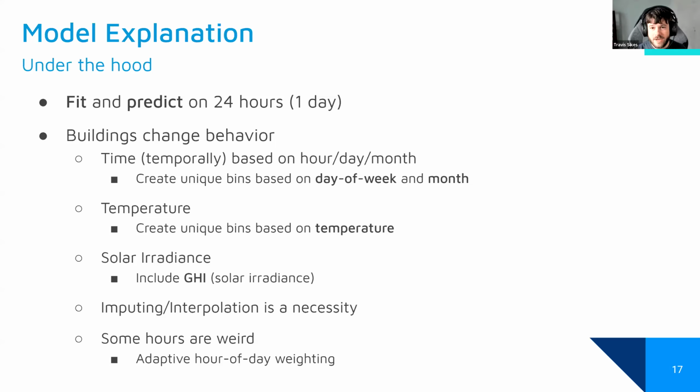Or you might go on vacation, and for a couple of days, which is unusual, your energy usage basically drops to zero. So due to these weird things that can happen, we have adaptive hour of day weighting.